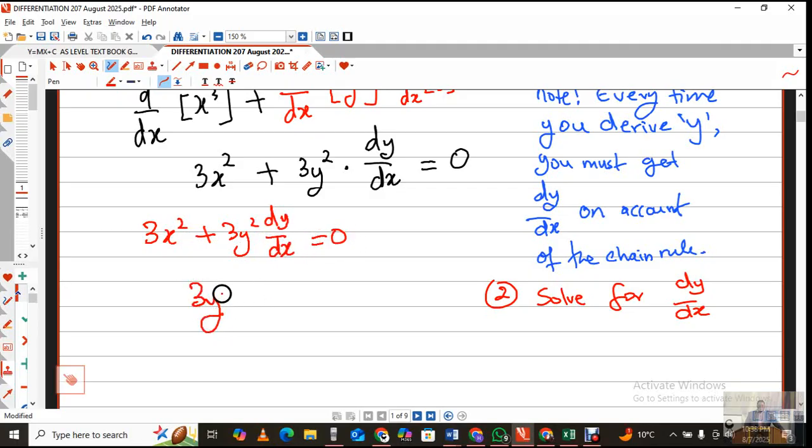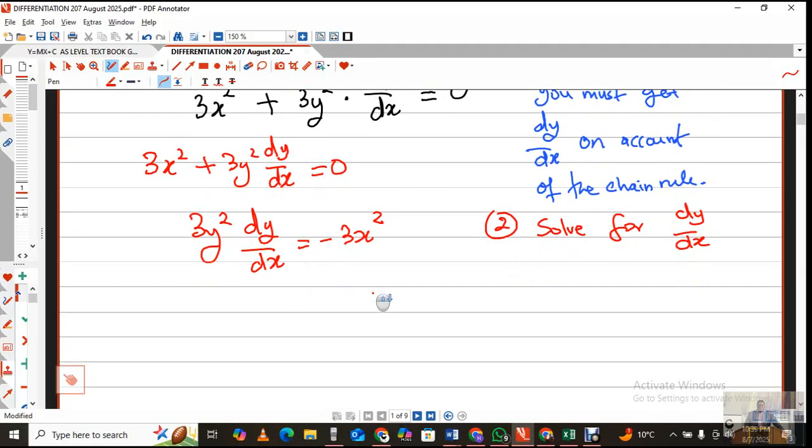Then you have 3y squared dy dx is equal to minus 3x squared. I hope you understand that. Now you're going to divide throughout by 3y squared. So dy dx, the derivative, is going to be minus 3x squared divided by 3y squared. Well, you can clean this up a bit because that 3 divides throughout, and then you have minus x squared upon y squared.